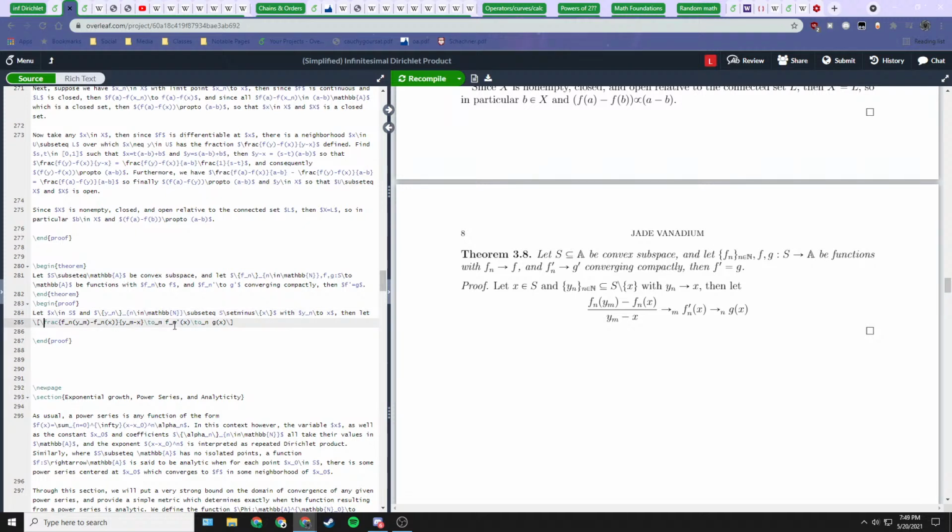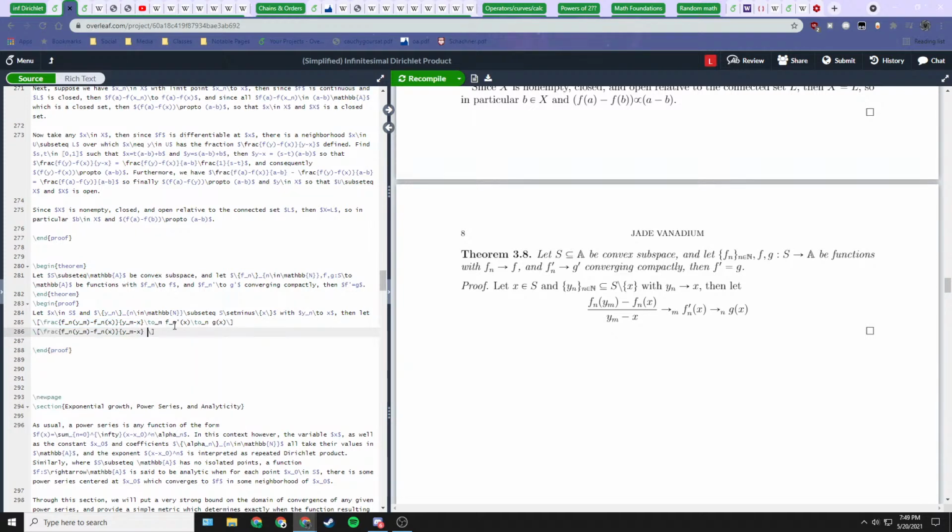I think we want to put a close bound on the difference between these two expressions. We might need to assume that f prime is differentiable.